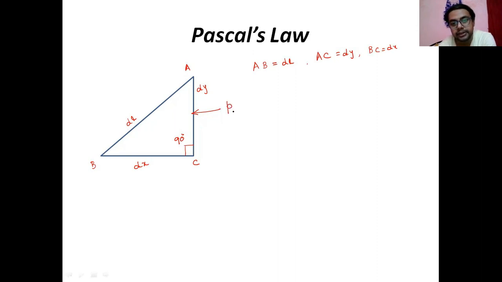Let the pressure be Px. On this side, some pressure is acting, Py. Because pressure is compressive in nature, the direction is towards the element. And from here, some pressure is acting. So three pressures are acting over the element: Px, Py, and Pl.